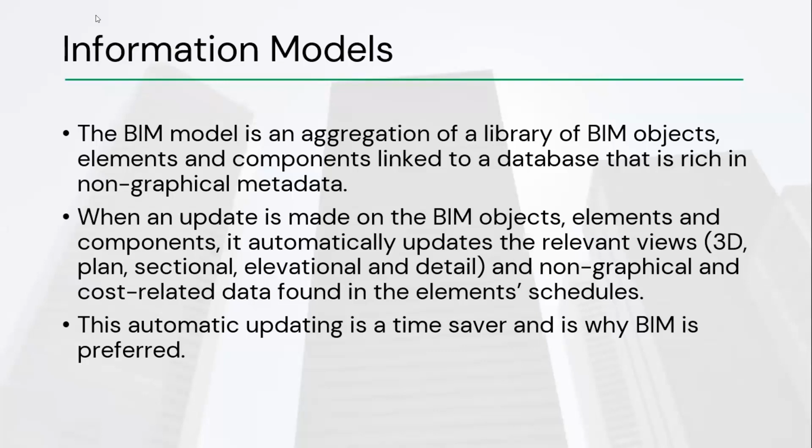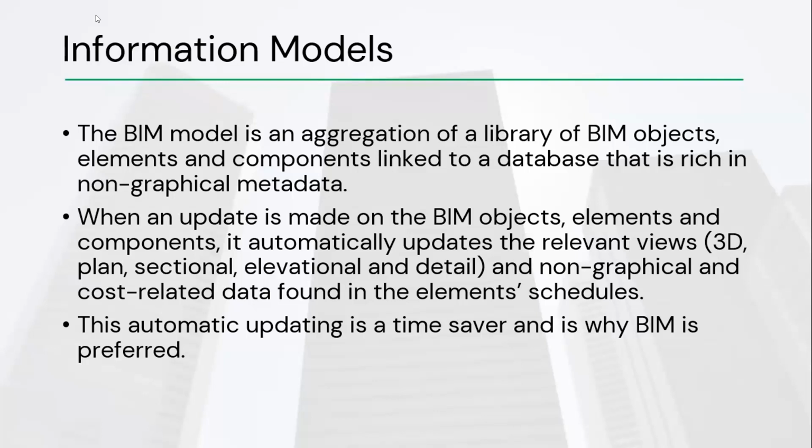So we have the 3D part of it, which shows the spatial relationship between elements and components and the whole building in terms of its relationship with the immediate physical environment. And then we have text descriptions describing what kind of materials are making up these elements, what type of building finishes we have, what type of materials we are using for doors and windows, and all that is found as part of the model.